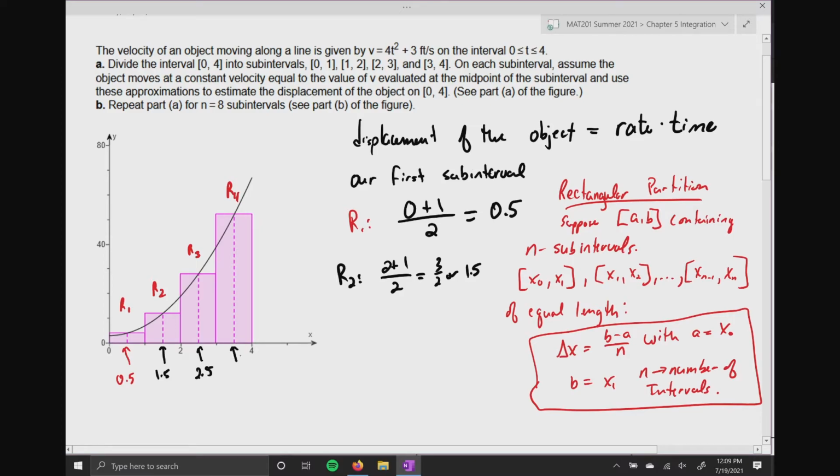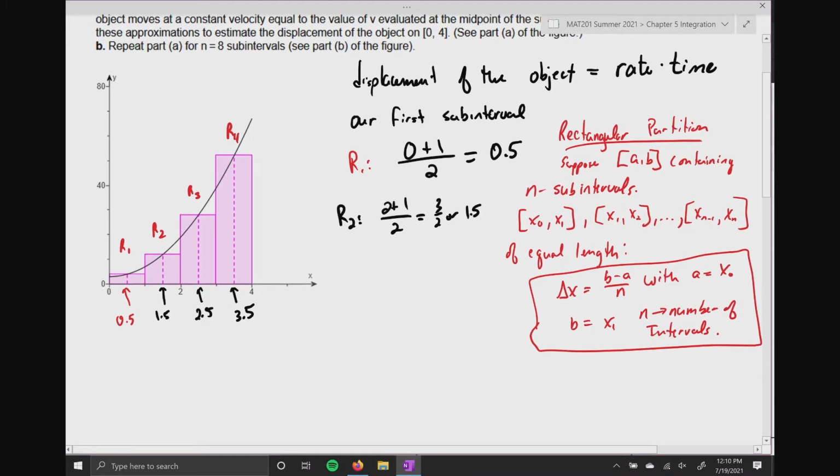You could do the rest, but we get 2.5 and 3.5 respectively. The next thing we're going to have to do is find the height of each one of these rectangles that we drew, because the height is going to represent the velocity. So we need the velocity at 0.5.